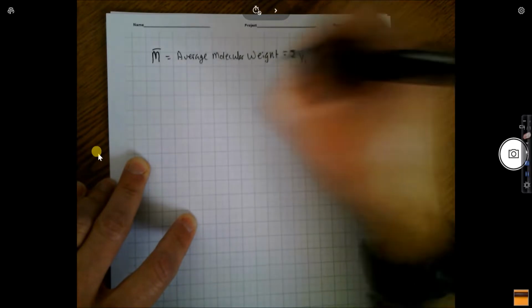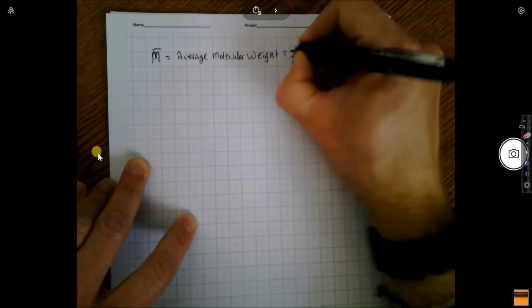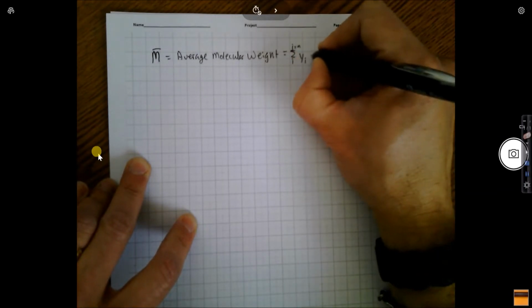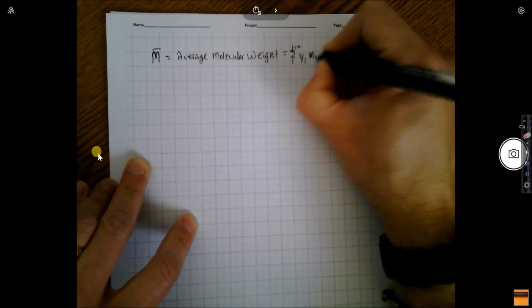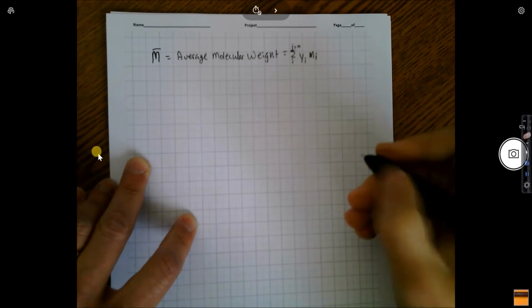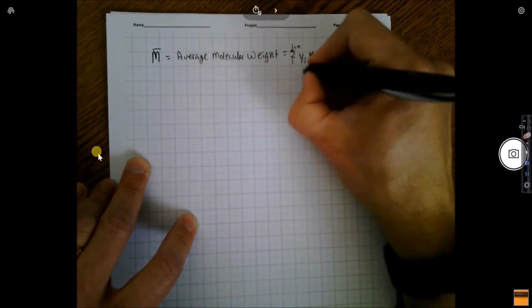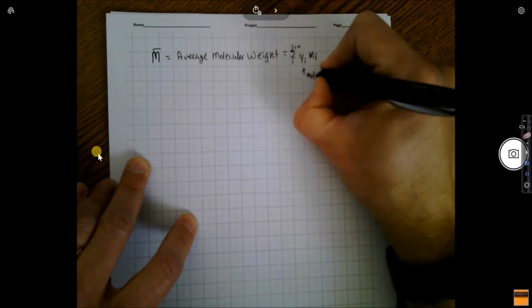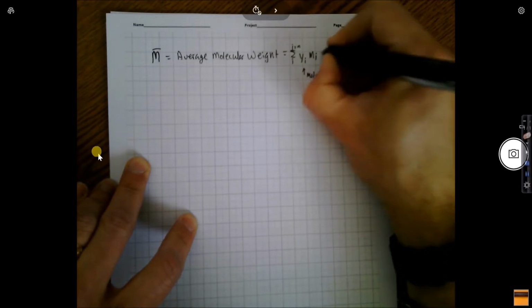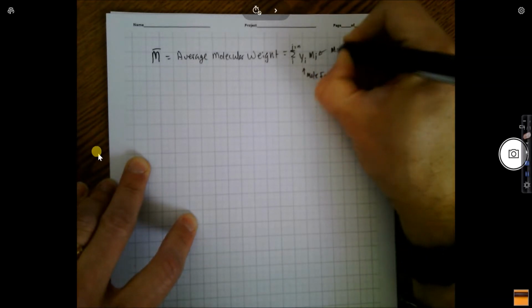It should probably be i equals 1 to N or something like that. Forgive me if I'm doing my summation notation poorly. It's the mole fraction times the molecular weight of an individual species.